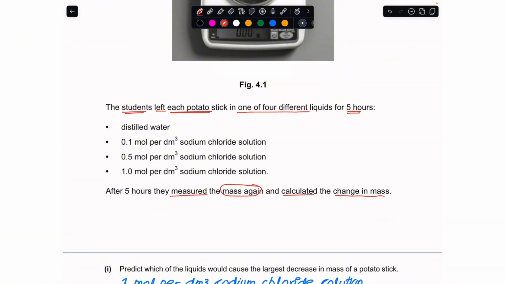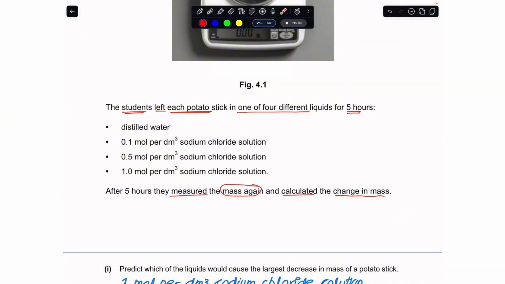What you need to keep in your mind is that in the distilled water, if we see an increase in the mass of the potato, that means that the water has entered the potato stick. And for any of the concentrations they have given us for the sodium chloride solution, we have to see whether we get an increase in mass or a decrease in mass.